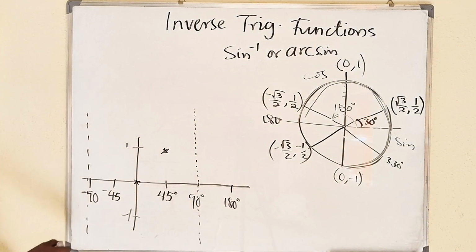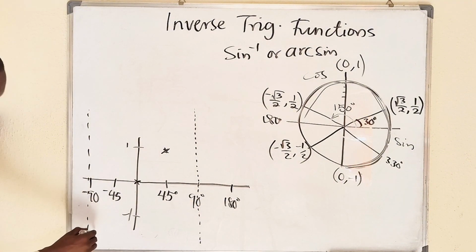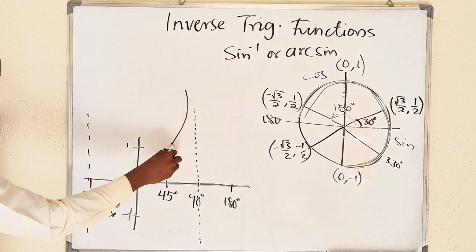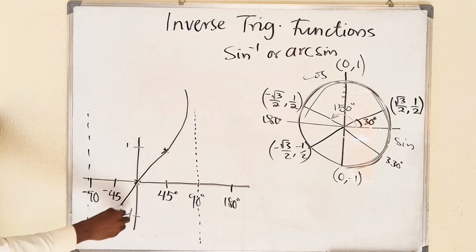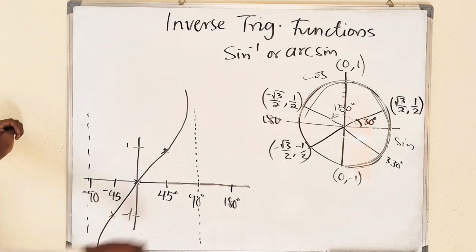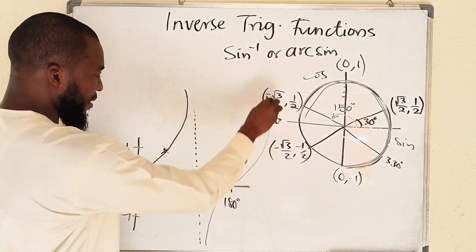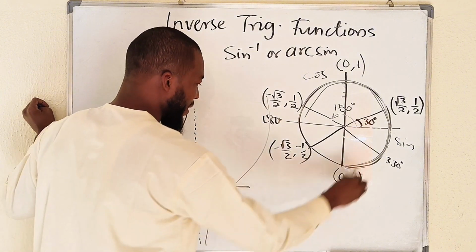So we have a vertical asymptote here. So you can see that the graph will look like this. Here we have negative 1. So it will be like this. So you will have many of these, something like this, infinitely many of them.